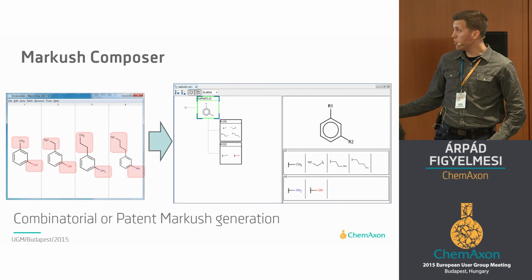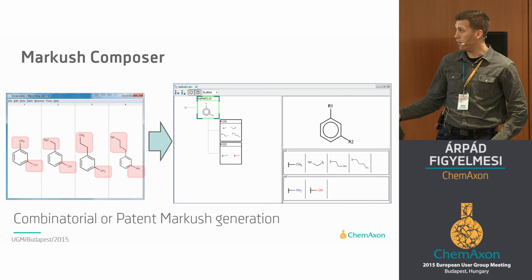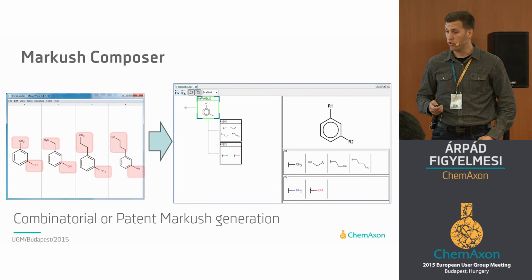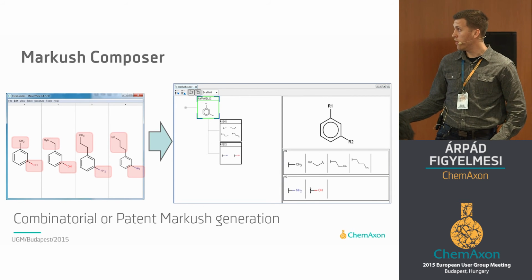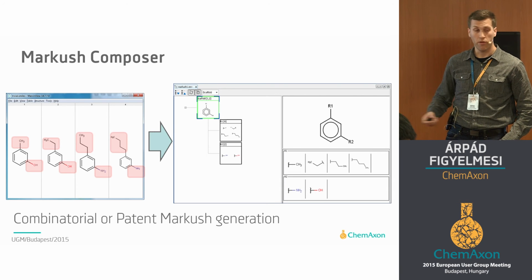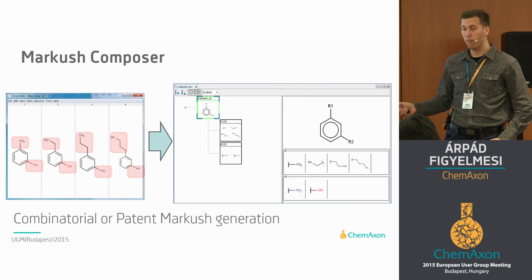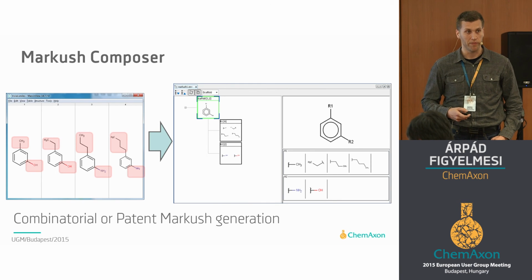It's capable of automatically finding the optimal scaffold, the common part of the input structures, and automatically adding the R group definitions. The big benefit of this technology is that the generated Markush structure not only covers the original set of structures, but covers all possible combinations. This way, you can build up combinatorial libraries really quickly.